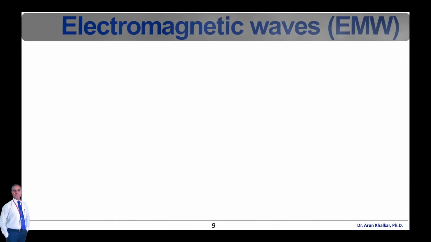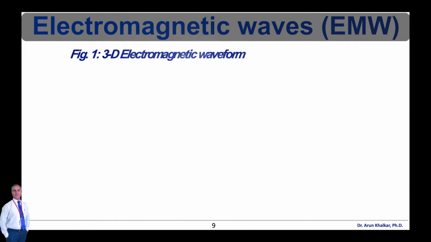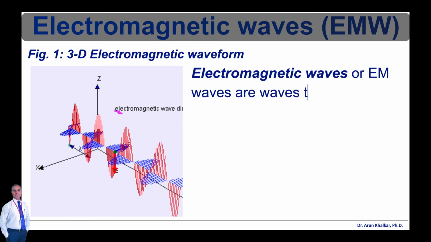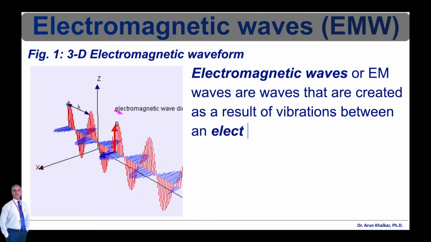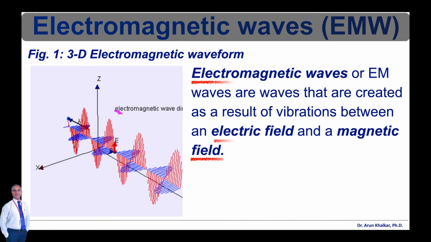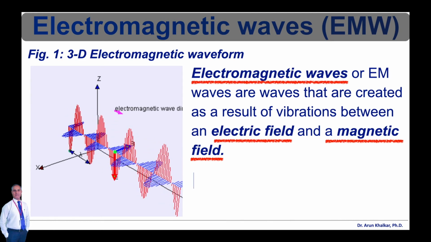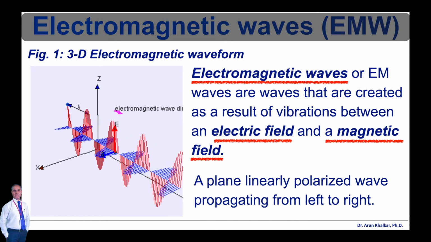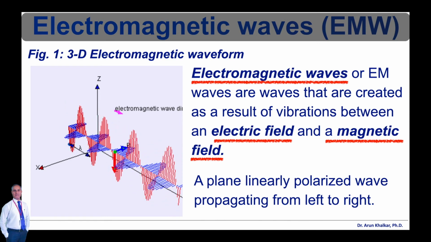Now let's see electromagnetic waves, their definition. Electromagnetic waves or EM waves are the waves that are created as a result of vibrations between an electric field and magnetic field. In other words, electromagnetic waves are composed of oscillating magnetic and electric fields.